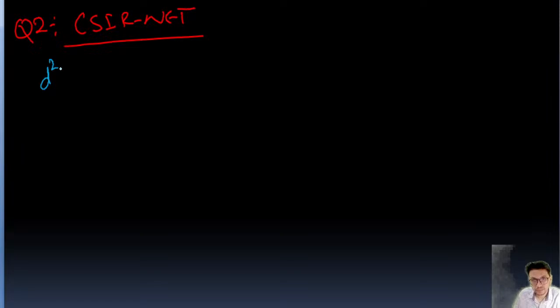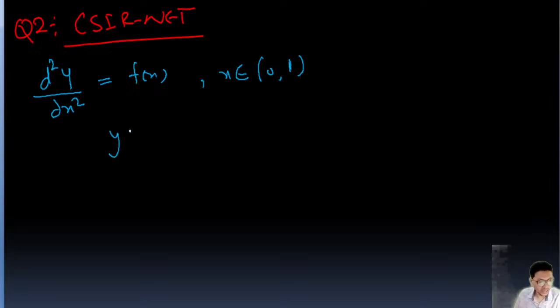Question 2, CSIR NET. The question is d2y over dx square equal to f(x), where x belongs to 0 to 1, meaning the x value is between 0 and 1, and y(0) equal to y(1) equal to 0.